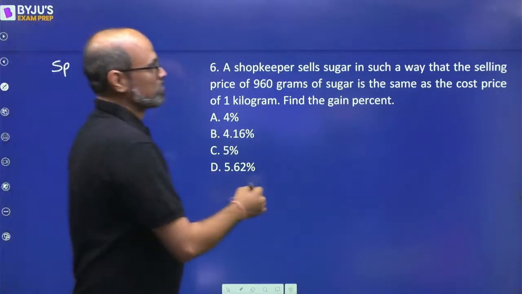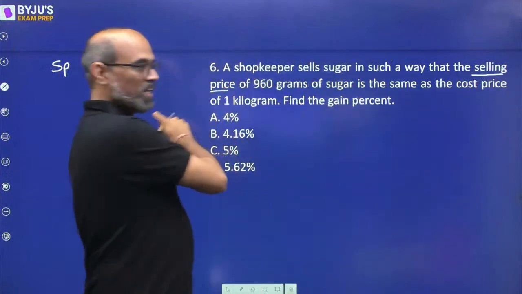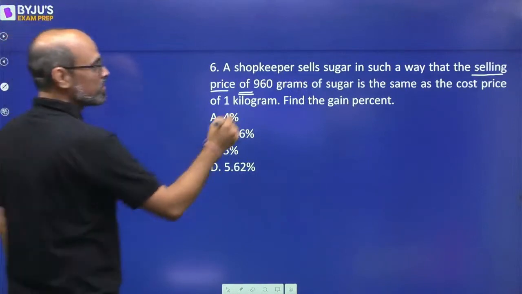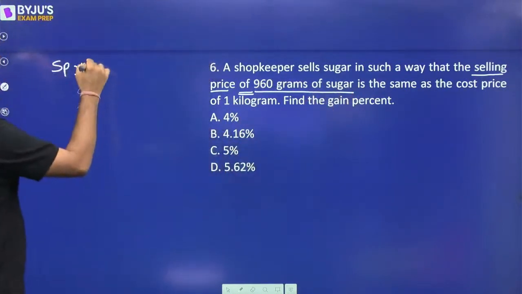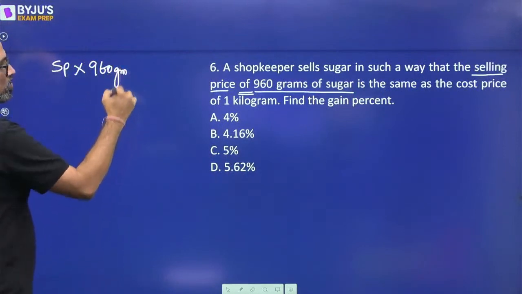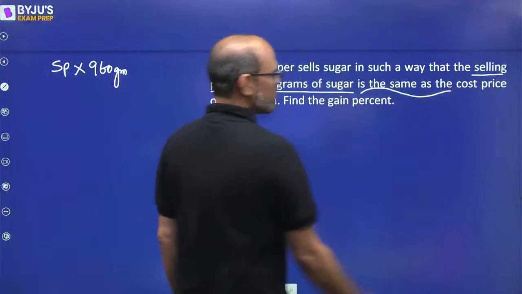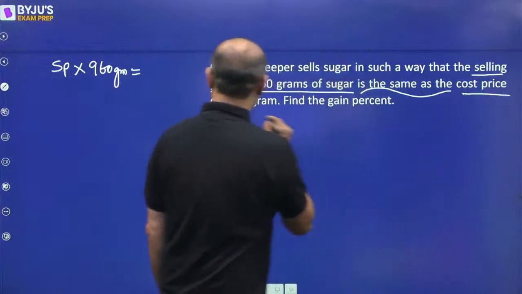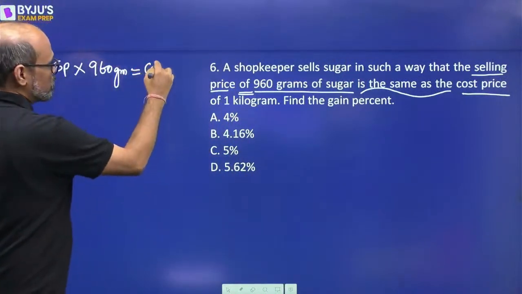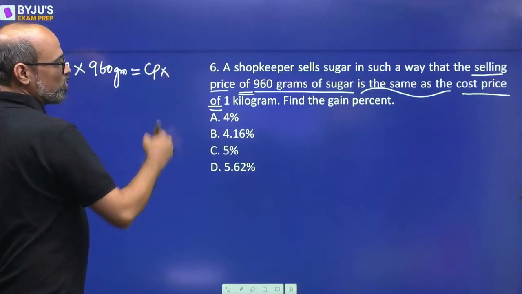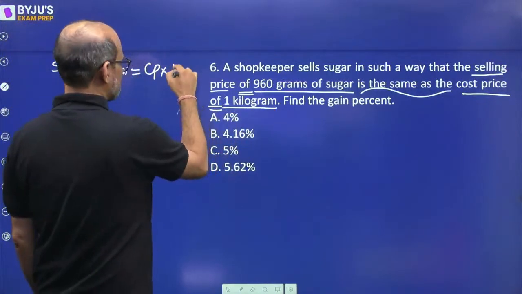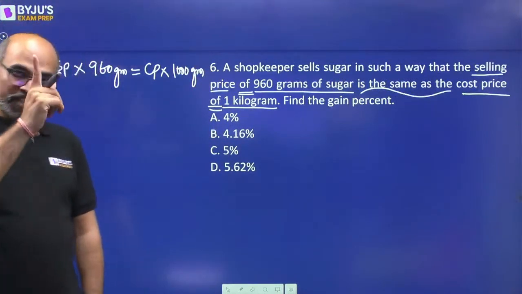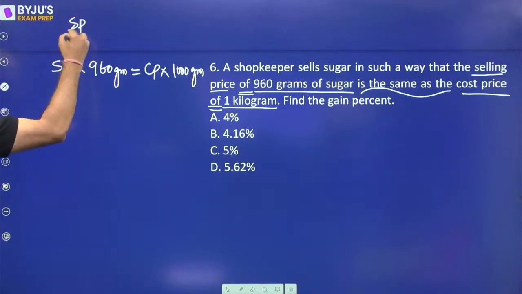Selling price, I have written, is the multiplication of 960 grams of sugar. 960 grams is the same as the cost price of 1 kg, 1000 grams. Now, if you want to find the gain or the loss percentage, you always need SP by CP.